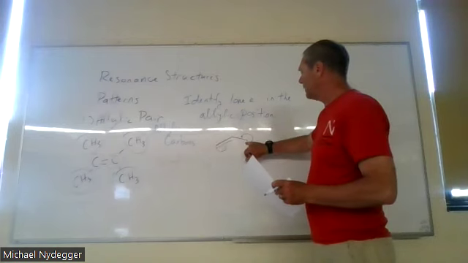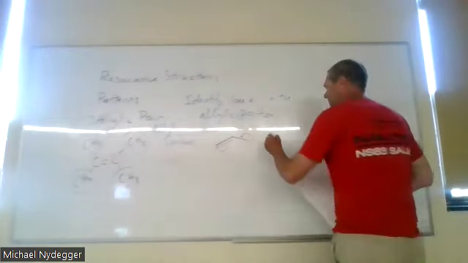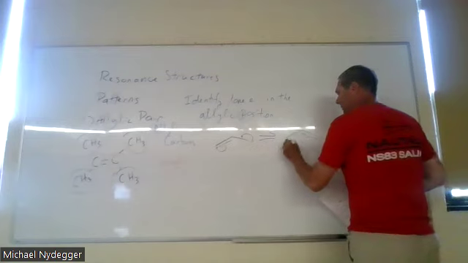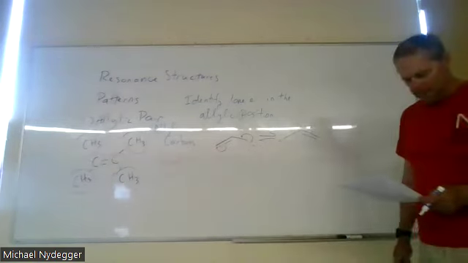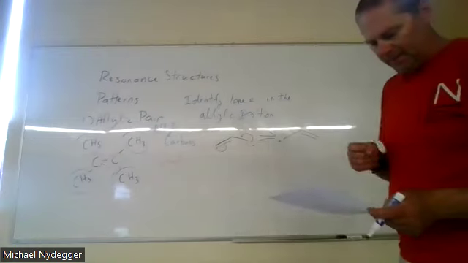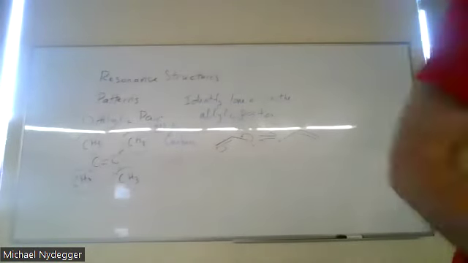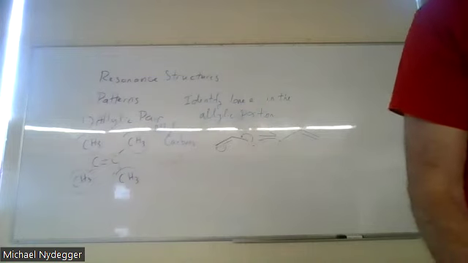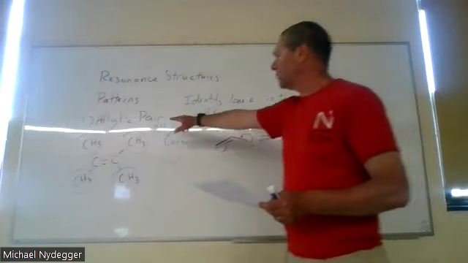By moving this and forming a double bond, what was once an allylic carbon can become a vinylic carbon. This becomes such as that. That would be a negative charge.